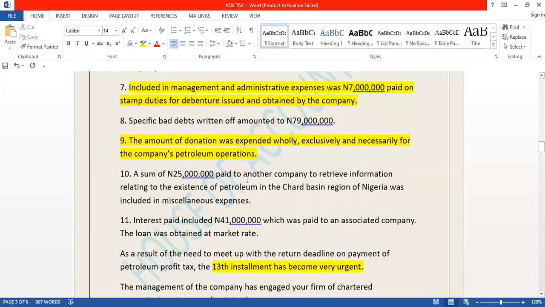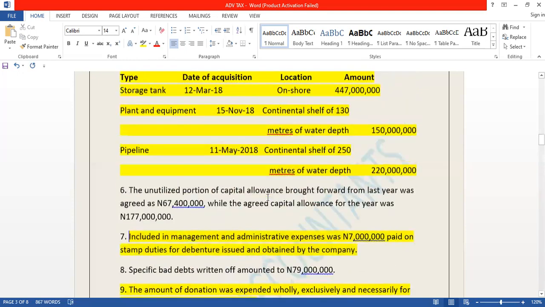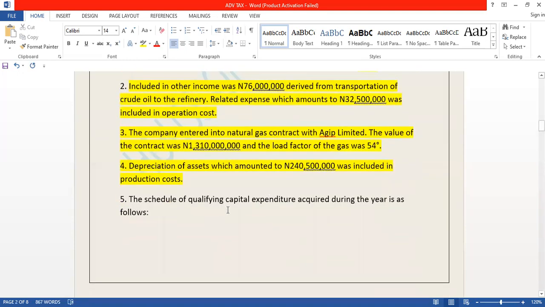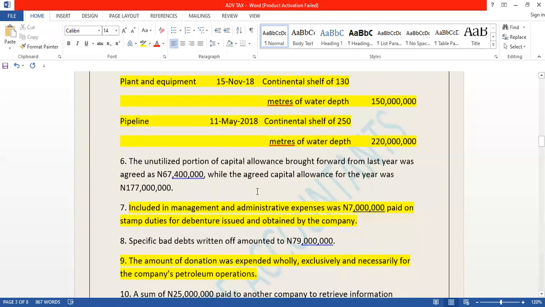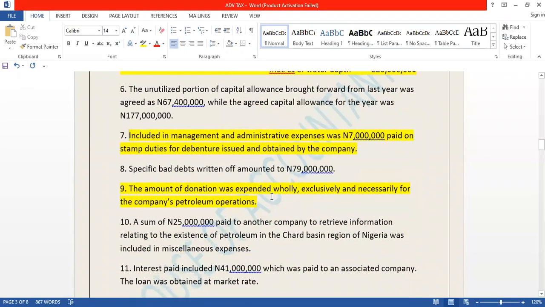Then for the expenses, we have it somewhere here. Okay, this is note 9. So they said donation was expended wholly, exclusively, and necessarily.